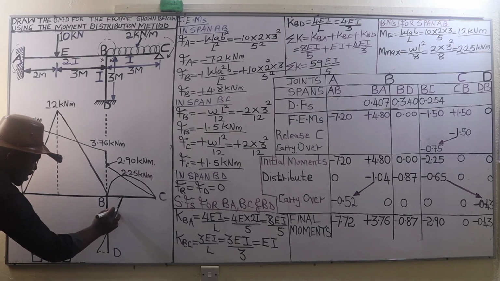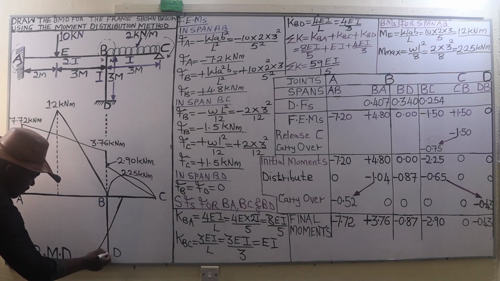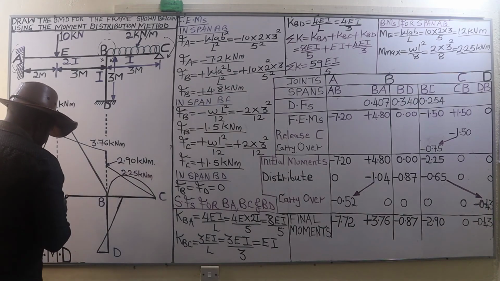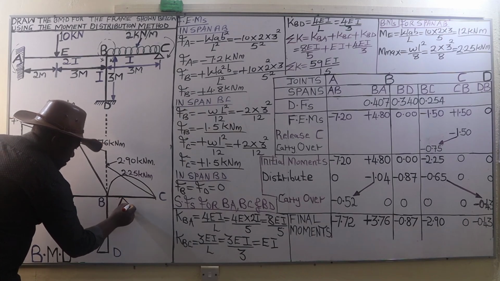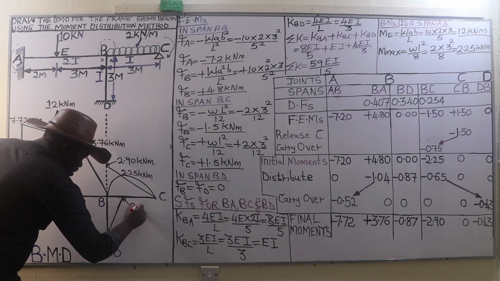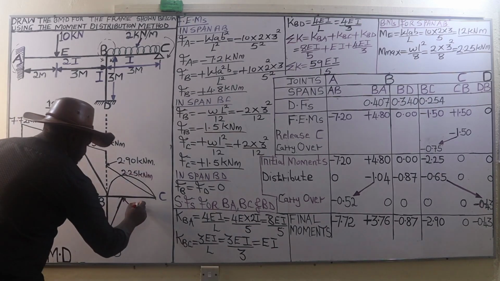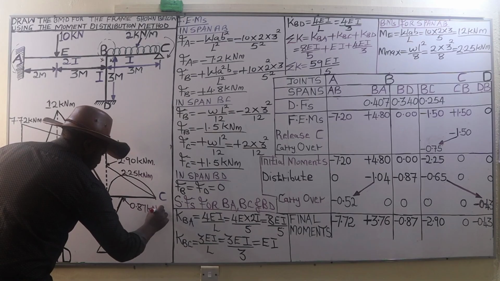It will look like scissors. So we got a bending moment here of 0.87 kilonewton meters.